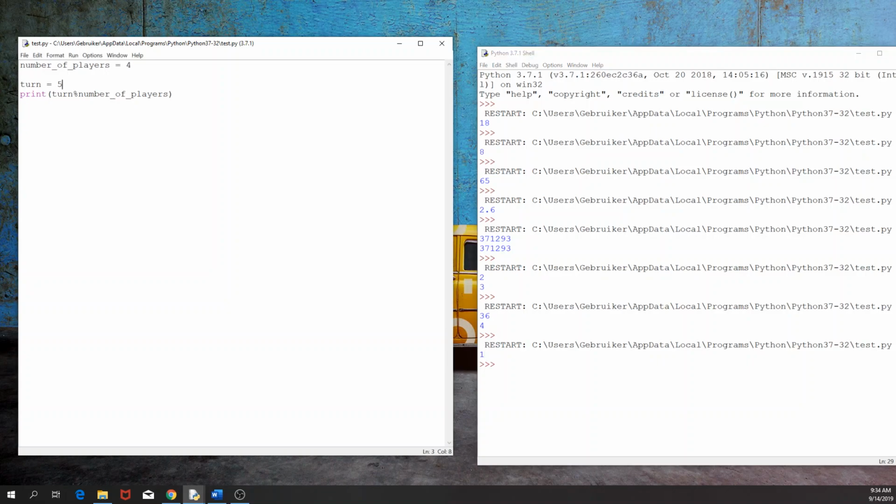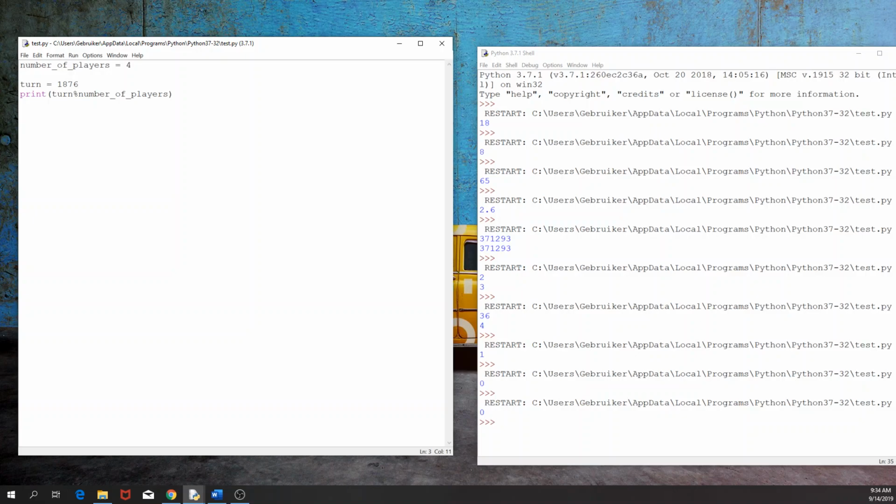What if it's turn 168? Well, now it's player 0's turn. If it's 1876, then now it's again player 0's turn, and so on. So basically, this is not manually done, of course, this is done with a for loop, and that's something that we're covering in the following tutorials.